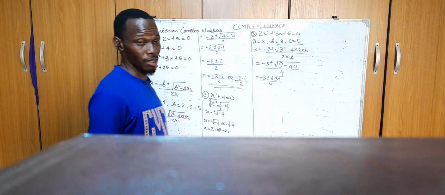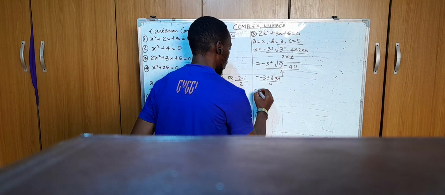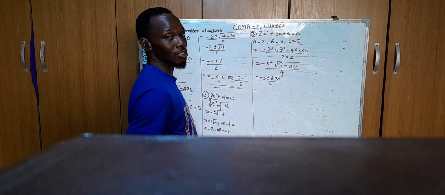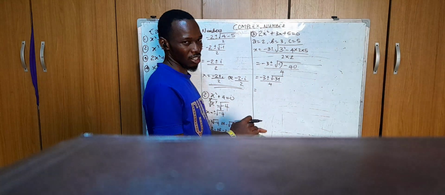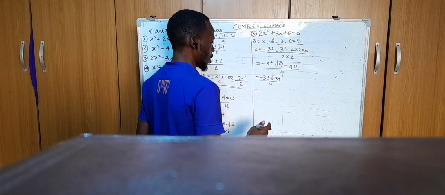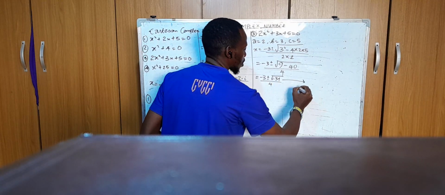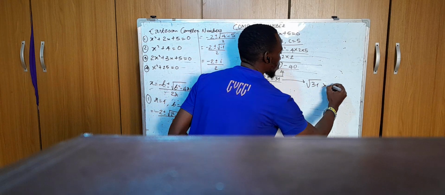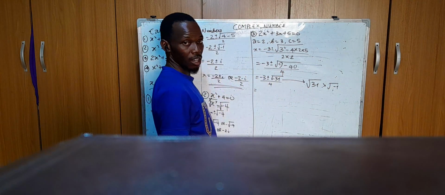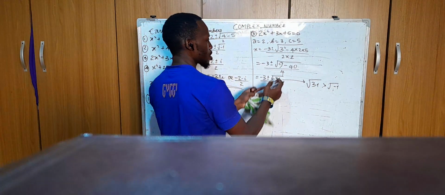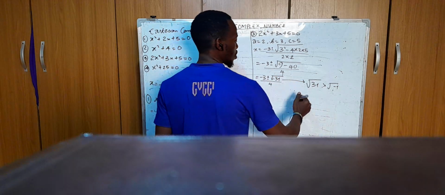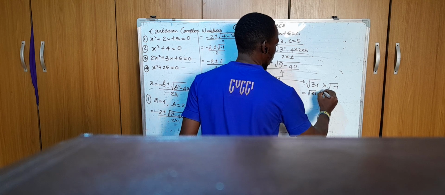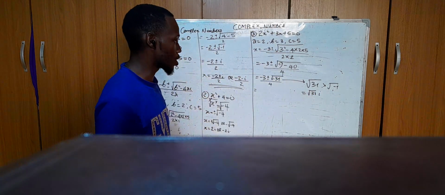So what is the square root of minus 31? I love leaving my answer in short form. So I'm not punching the calculator for the square root of 31. So let me show you this. This is the square root of 31 times the square root of minus 1. I believe you understand that now. Just taking the minus out. So this is the square root of 31 i. The square root of minus 1 is i.